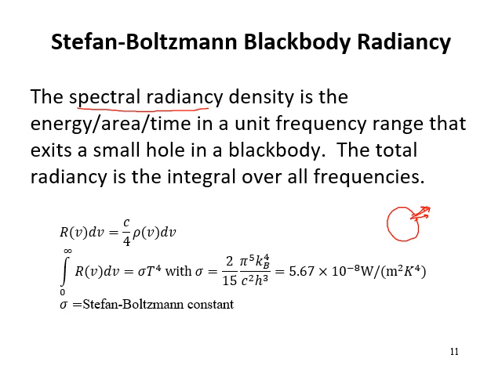The total radiancy is the integral over all frequencies, just as we had on the previous page. And when we then analyze that, or rather simplify that so that we have just one constant times the temperature dependence, then we have a constant in here that is called the Stefan-Boltzmann constant, and it relates the total amount of energy that comes out of a surface to the temperature of the surface if you have a perfect emitter, like a black body.